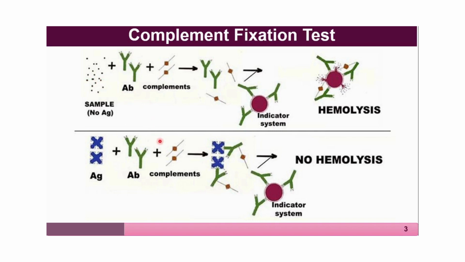We will move to the second example at the bottom. The serum sample readily contains the antigen that you are trying to detect, to which you have added the antibody corresponding to that antigen. And that antibody readily binds to that antigen. And here it is a soluble antigen, which is not visible to you.